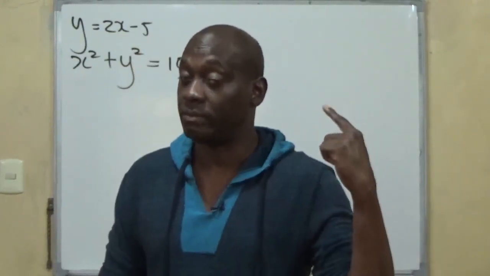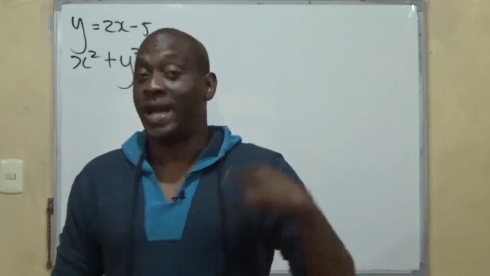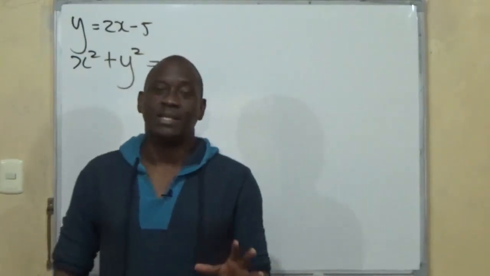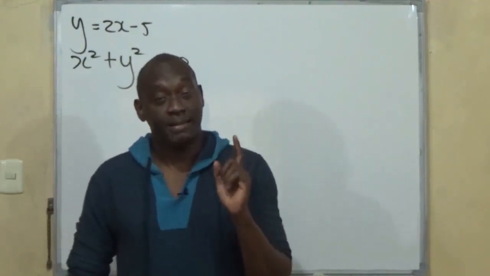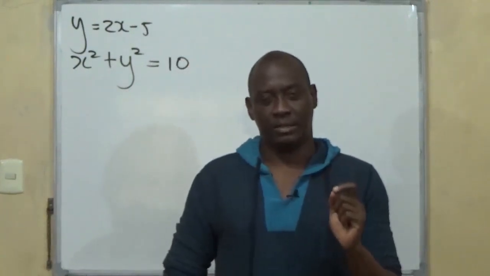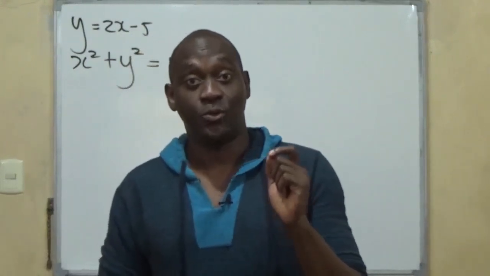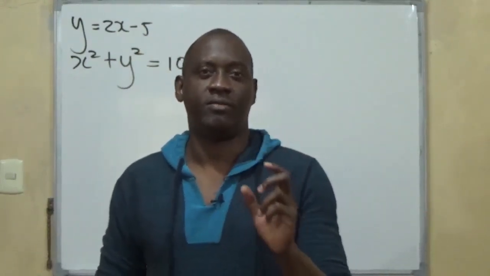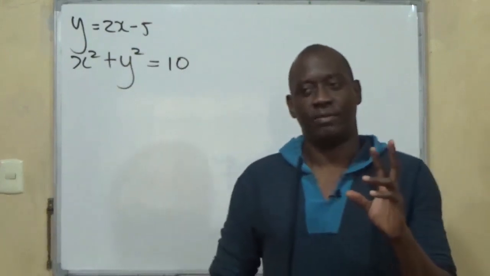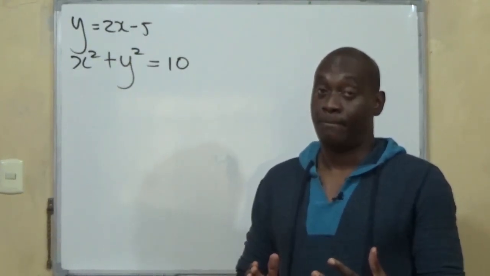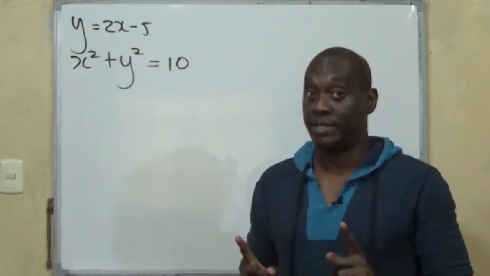Let me say it again. When you have a pair of simultaneous equations where one is linear and the other is non-linear, the elimination method is not applicable. Right? Do not try to solve a pair of simultaneous equations, linear and non-linear, using elimination.